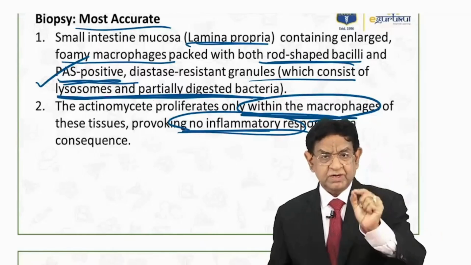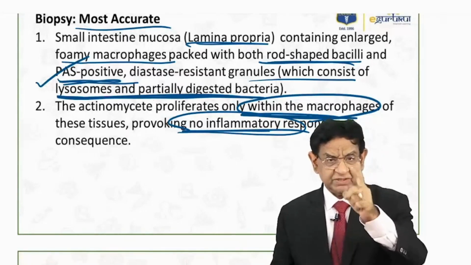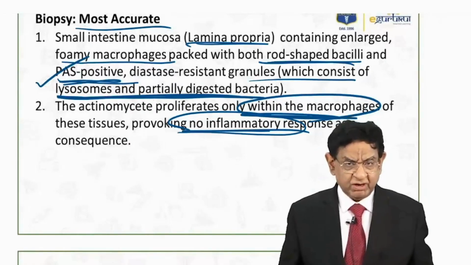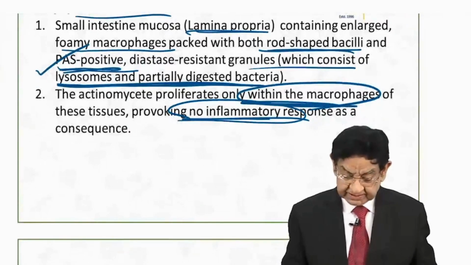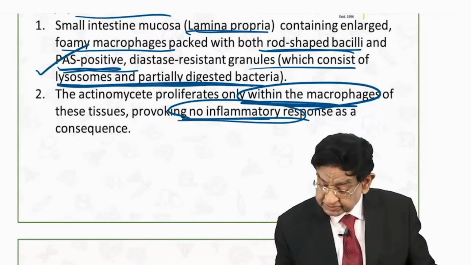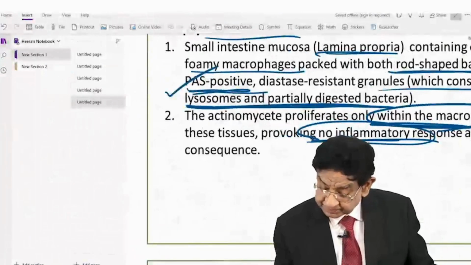This is a gold medal getting question in pathology. The one disease where the inflammatory response is not there is Whipple disease. No inflammatory response is seen in these patients.